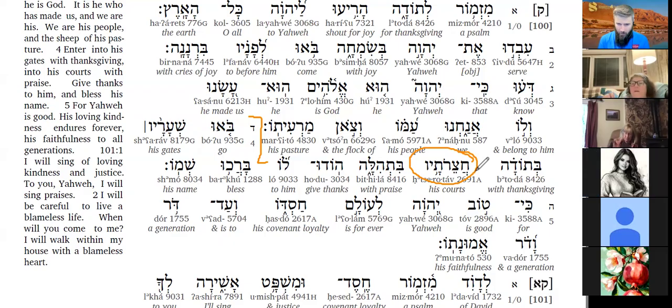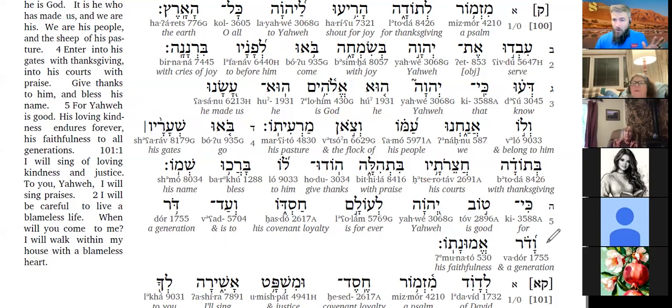I agree with you. I guess what I'm trying to do is differentiate the construct form that is in a construct chain with a following noun versus a suffixed form. Technically, they're both construct, but sometimes there's a difference between the two. But yeah, I agree. It's a suffixed form right there, so it's technically a construct form. Construct suffixed form. All right.